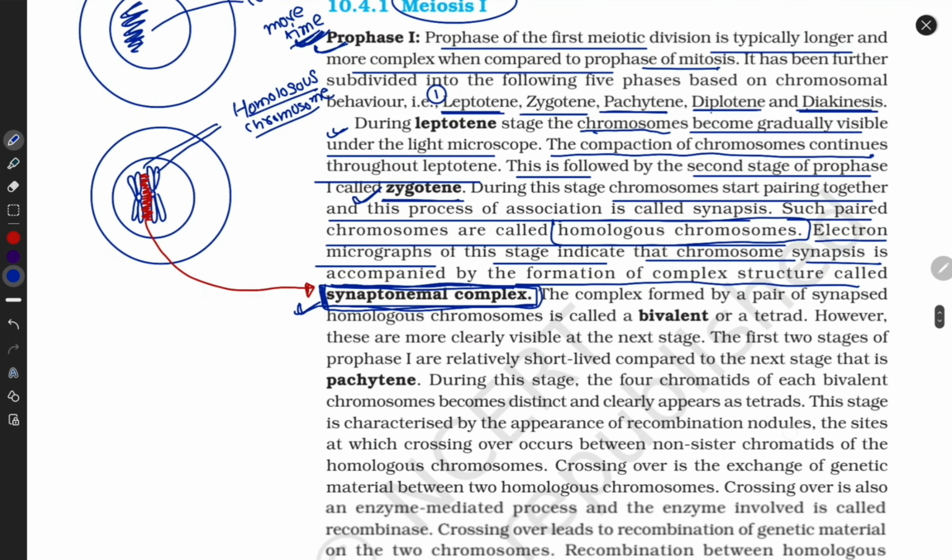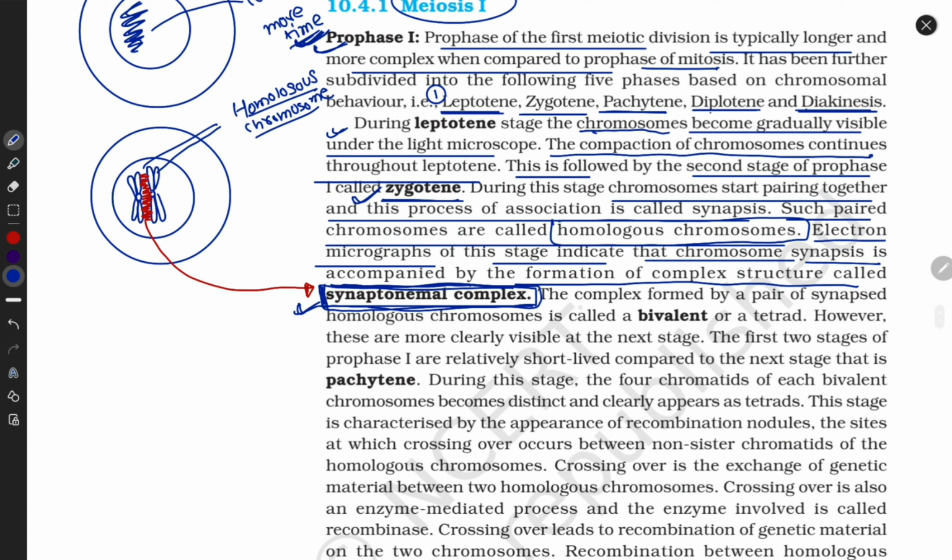Now I'm reading further. The complex formed by a pair of synapsed homologous chromosomes is called a bivalent or tetrad. If I concentrate only on this part, look at my pen, this chromosome and this chromosome, if I consider these two chromosomes, then we can say bivalent.